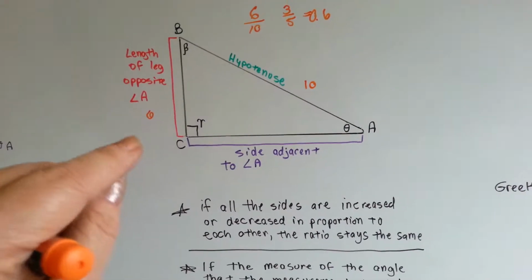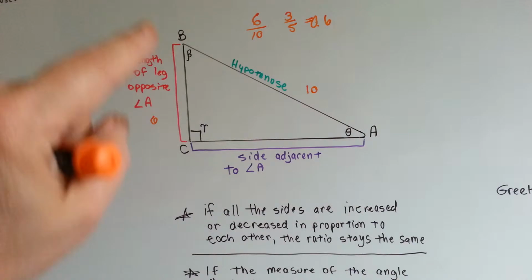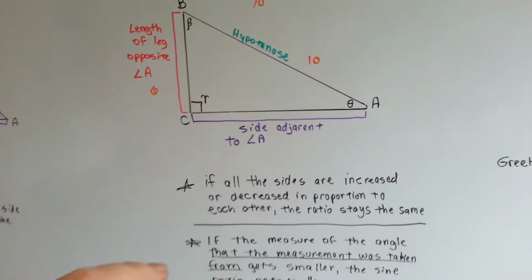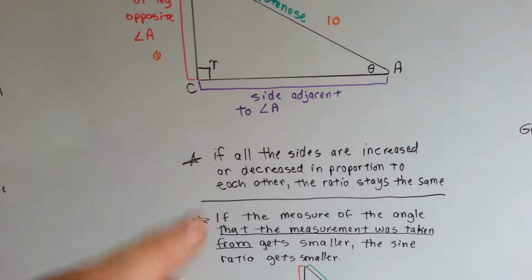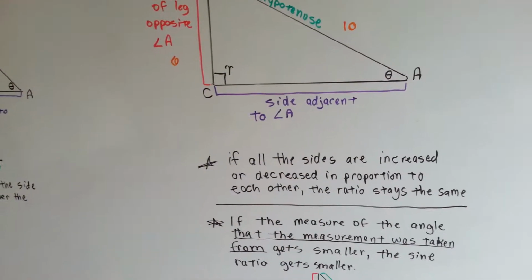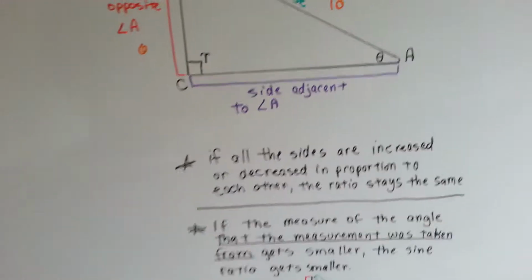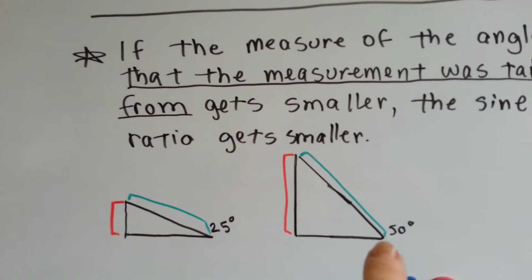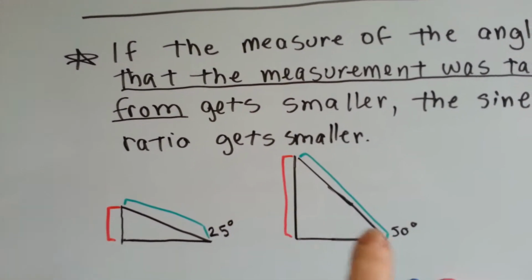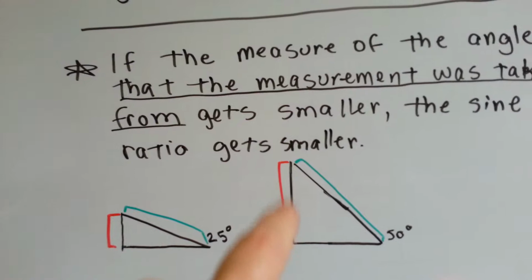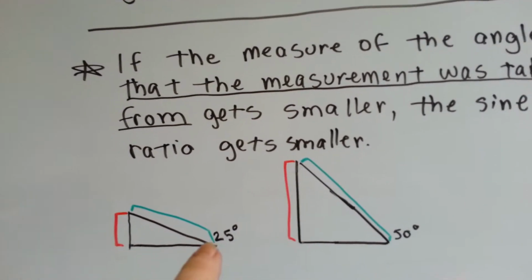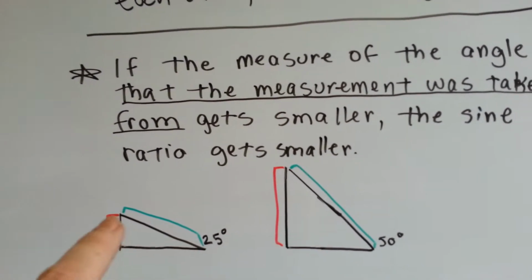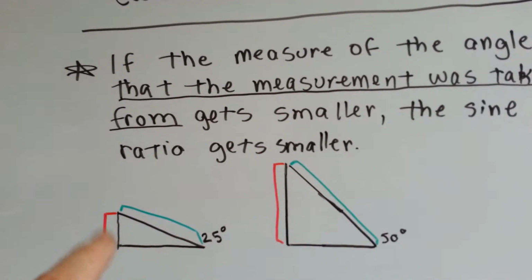I want you to remember, if all the sides are increased in proportion with each other, then the ratio is going to stay the same. If the measure of the angle that the measurement was taken from gets smaller, then the sine ratio gets smaller. So let's take a look at this. Let's say you were at 50 degrees. Look at how big this angle is, and look at how big this opposite leg is. If we make it smaller and go down to 25 degrees, now look at how long the hypotenuse is, and look at how short that opposite leg is.